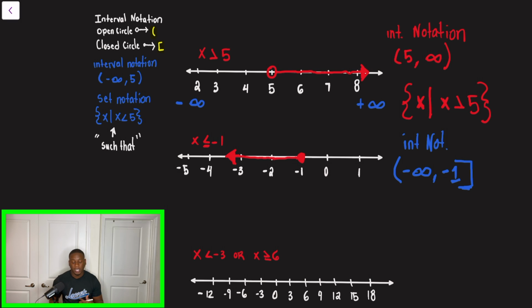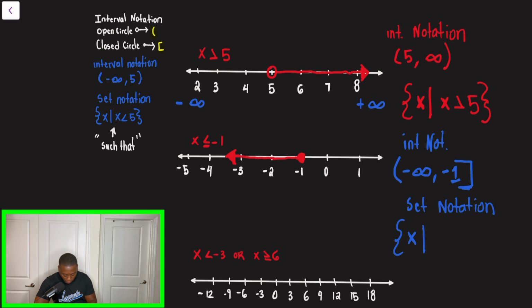Now, set notation, as I said, and what I teach my students with set notation is, after you write it out, like, x such that, all you're really doing is rewriting the inequality as an answer. So when we look, we have the braces, x such that, and then we're expressing our final inequality.